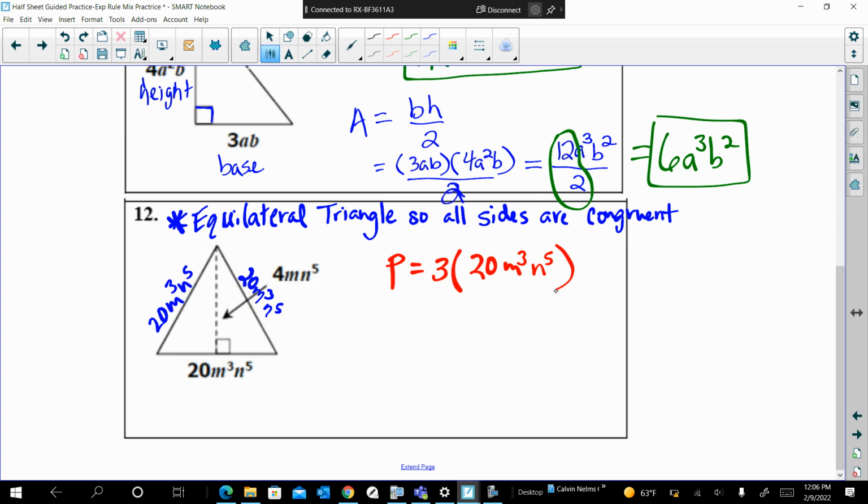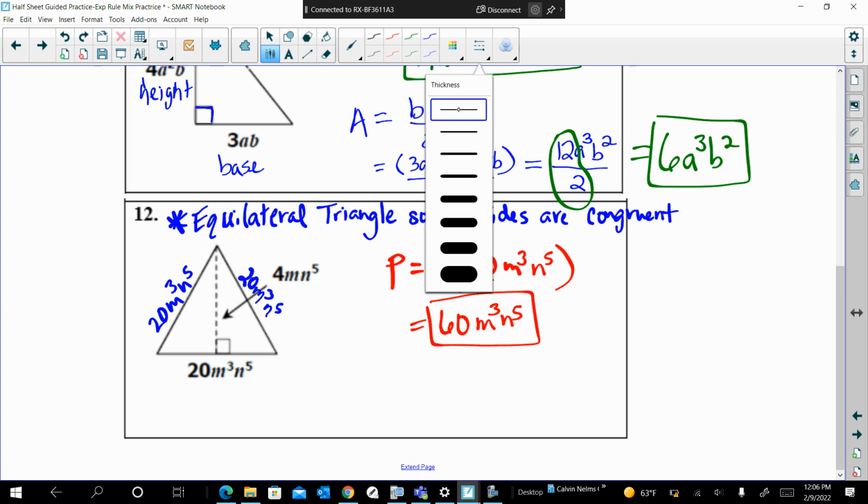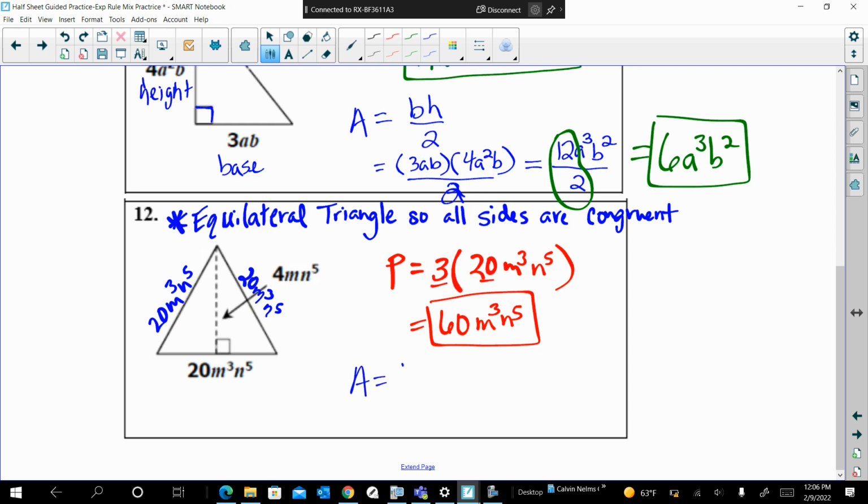And since I multiply by 3, this is really just going to be 60m cubed to the fifth. That's our perimeter. Your area for the triangle is still going to be the same. You're going to do the base times the height divided by 2.